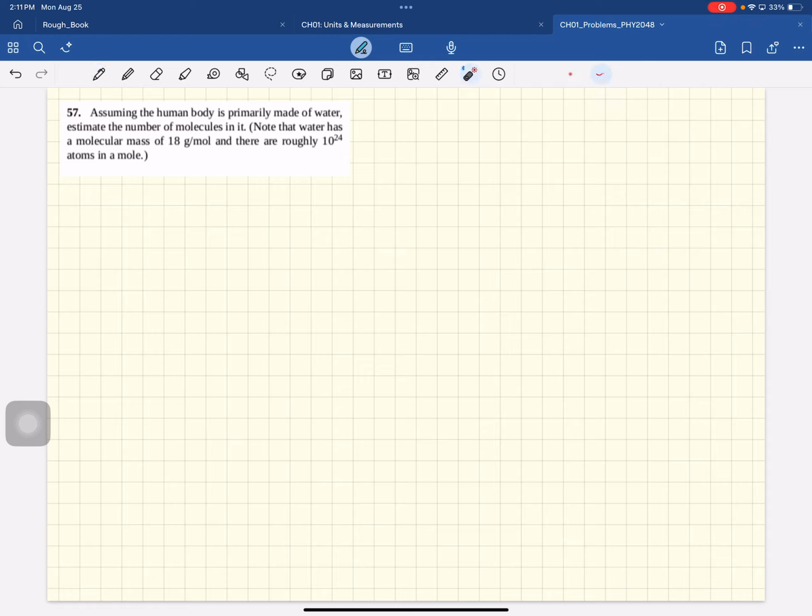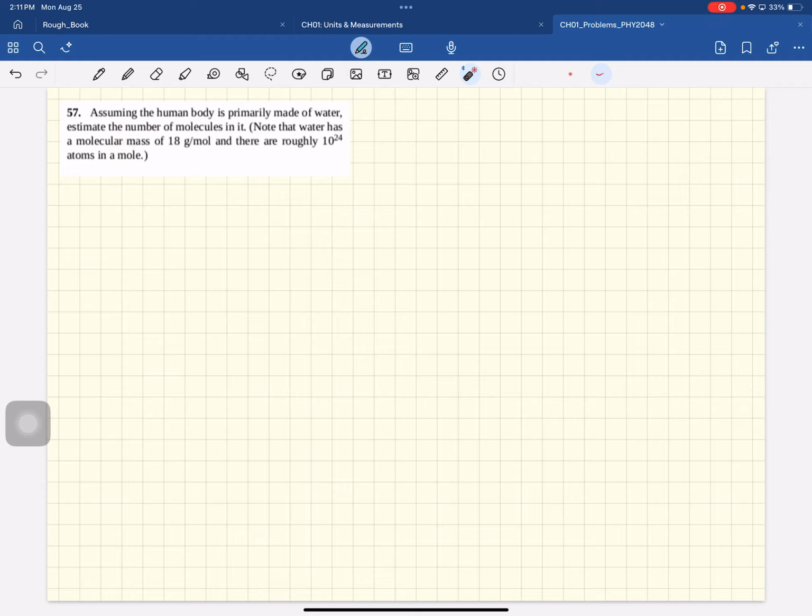All right, one more problem. Well, this is a Fermi calculation, okay? Here's an interesting problem. Assuming the human body is primarily made of water, estimate the number of molecules in it. So what are we going to calculate? We're going to calculate how many molecules of water are in your body. Okay.